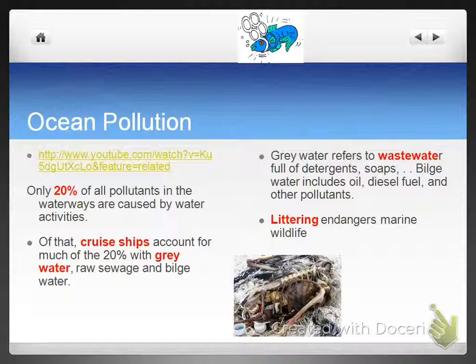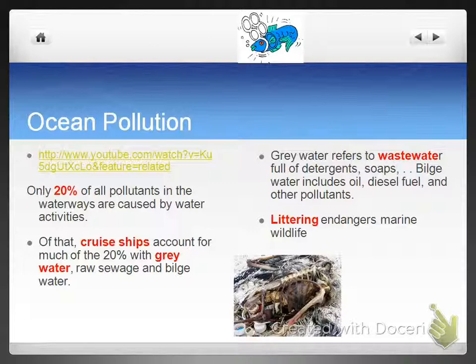So 20% of all the pollutants in our water are caused by water activities. And water activities would be recreational boating, it would be cruise ships, it would be anything where humans are interacting with the water and leaving behind pollutants. Cruise ships account for much of that 20% with their gray water, their raw sewage, and their bilge water.